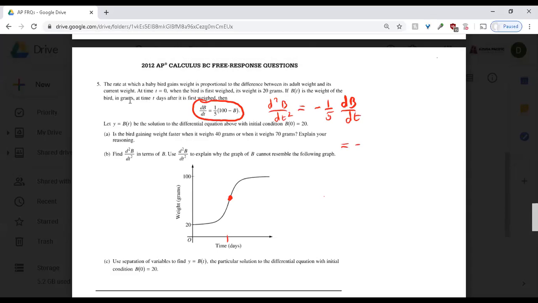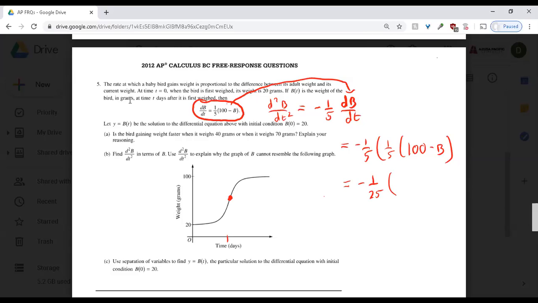We know dB over dt, so I can substitute that in. So it's negative 1/5 times 100 minus b. So this is going to equal negative 1 over 25 times (100 minus b).